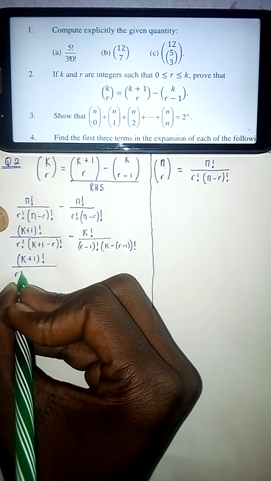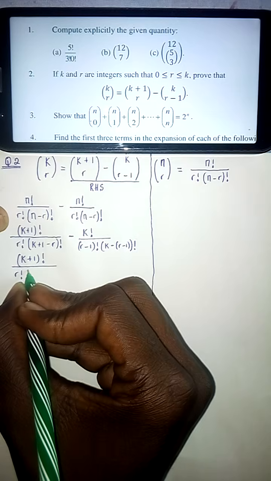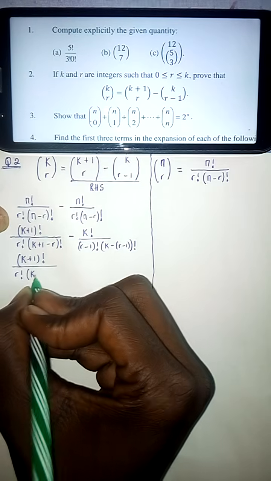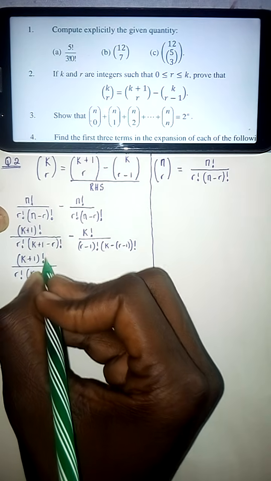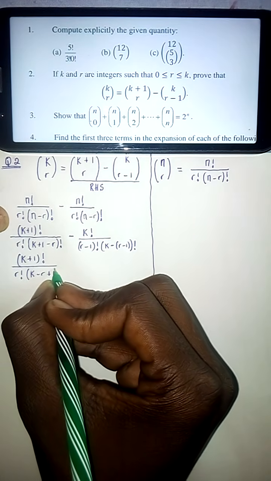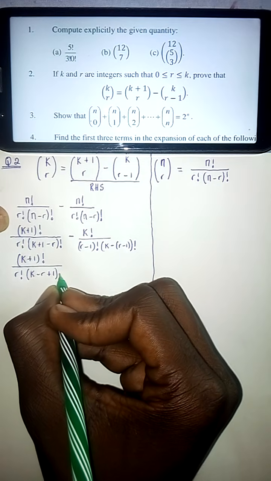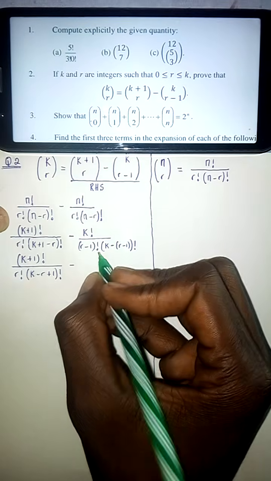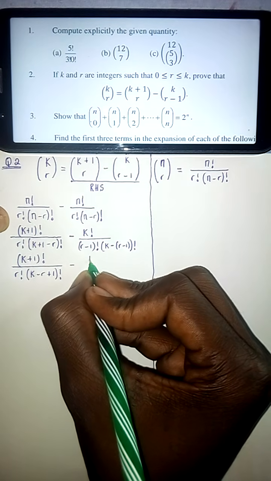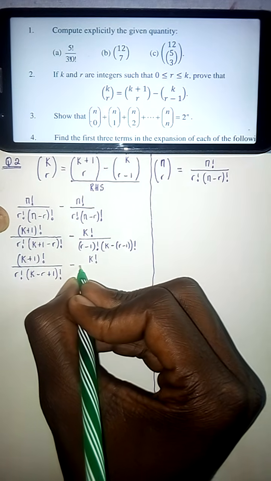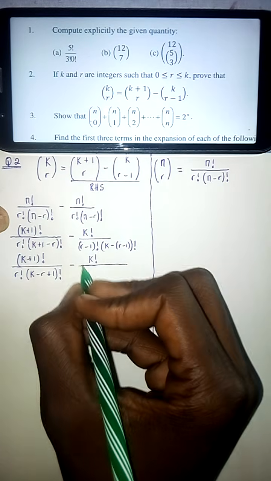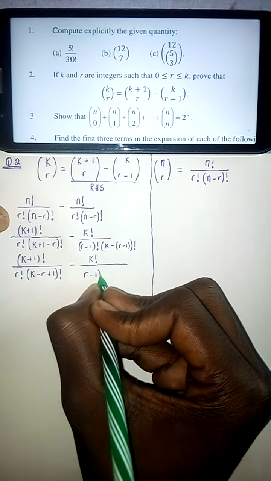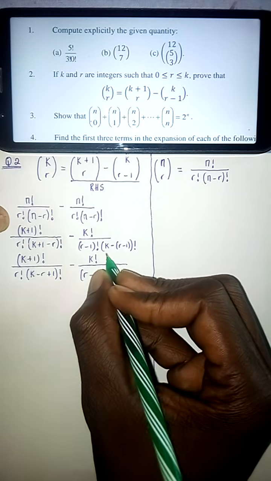So here we have our r factorial. This can also be arranged as k minus r plus 1. That's just one and the same thing. Minus, we have this, and here we have this, and this part, right?